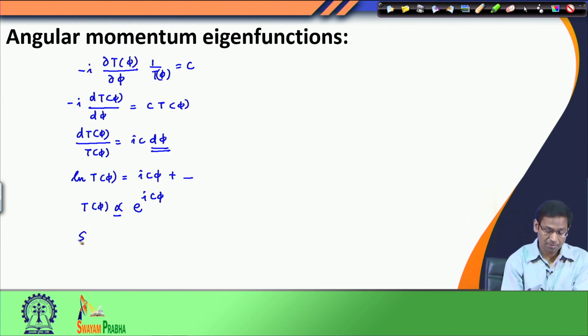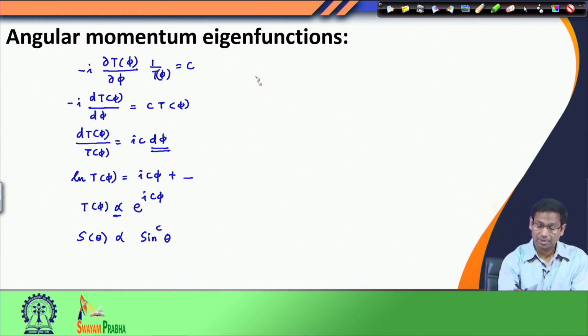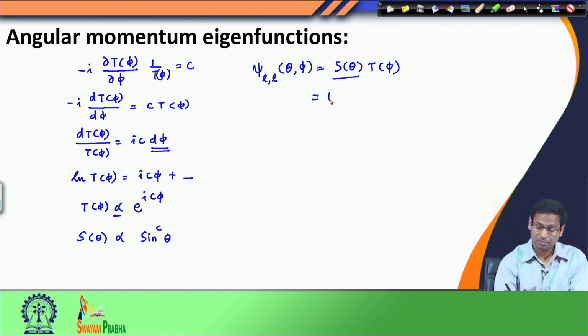If you remember what we had, S of theta is proportional to sine to the power c theta. So, we had defined psi L L of theta phi as S of theta times T of phi, and now what we get is some constant, because each of them will have some constant term.